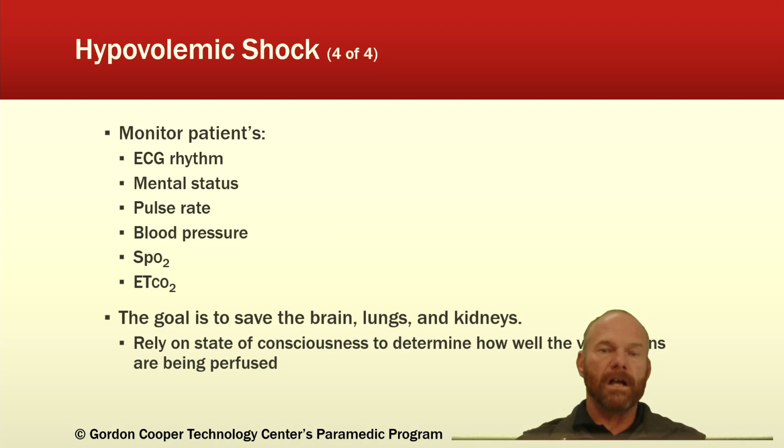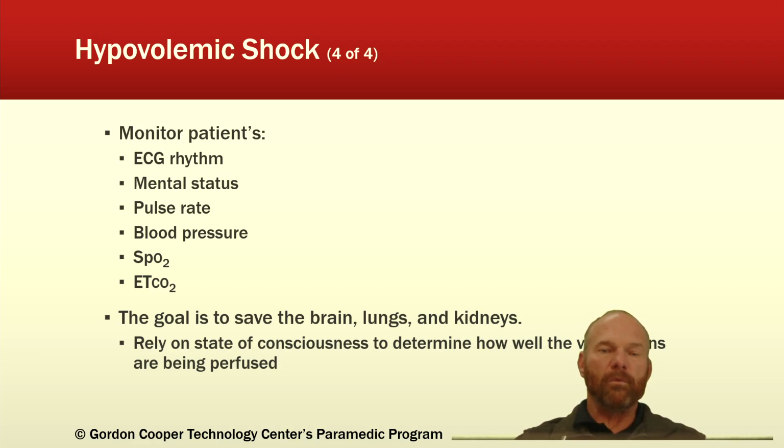And then depending upon what's going on with them, there are some things that your medical control may order depending upon your patient status and how they're responding to treatments. You can see things like sodium bicarb being given to treat acidosis, or even a vasopressor to enhance vasoconstriction. That also improves blood pressure.